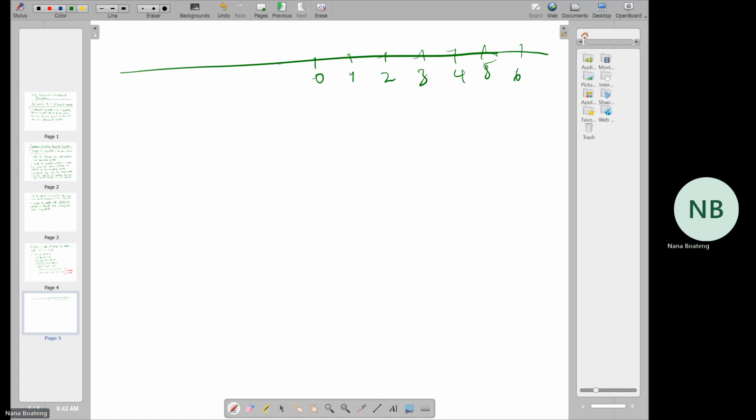This is negative 1, negative 2, negative 3, negative 4, negative 5. This is negative 6.